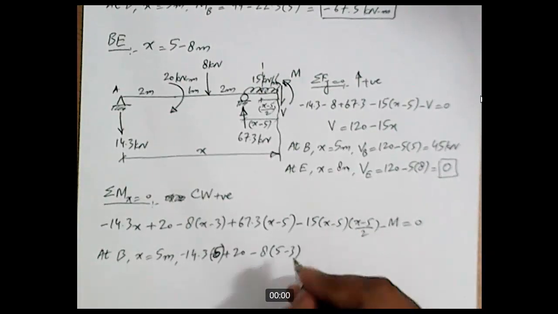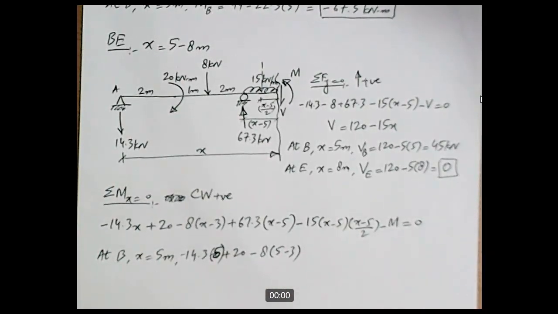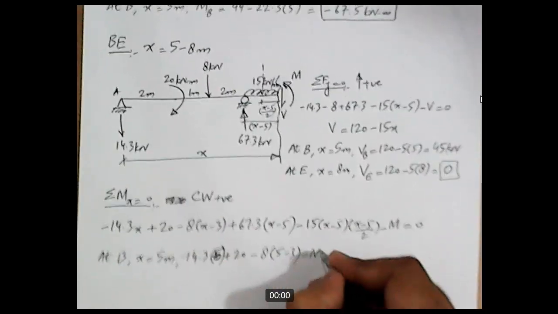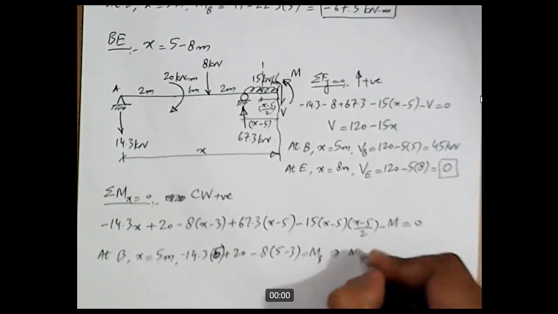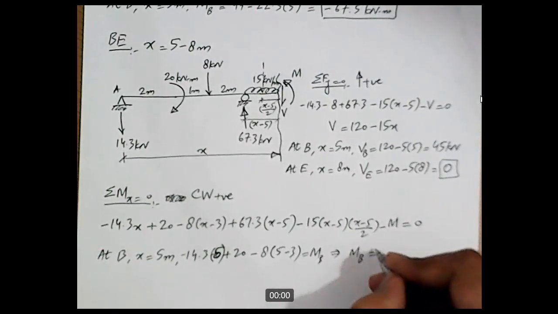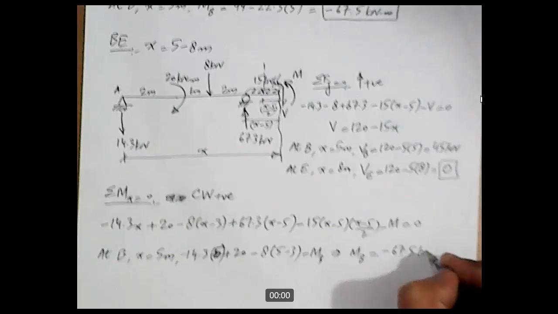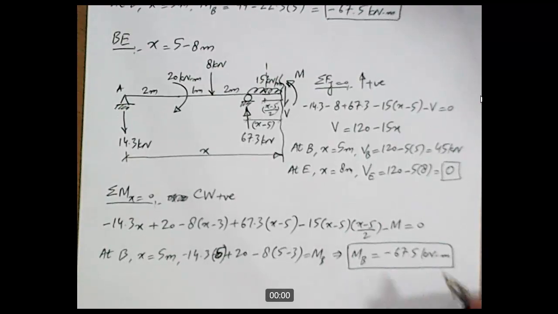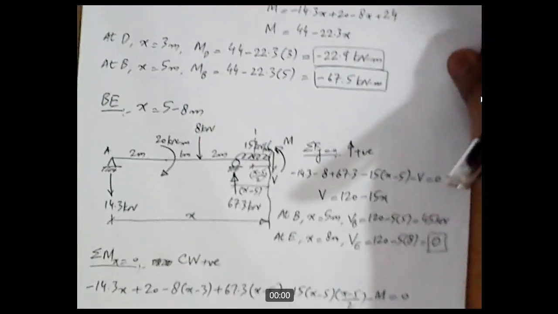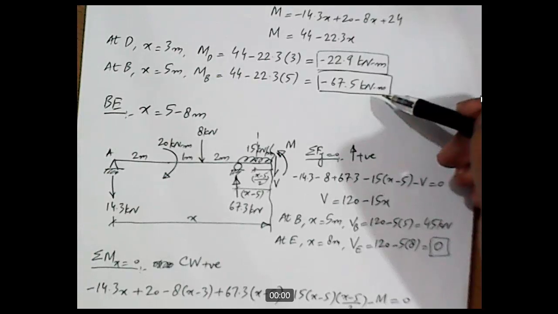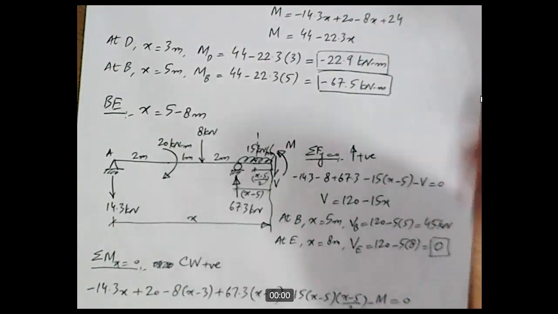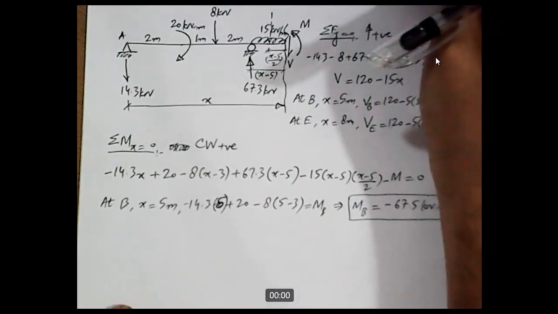The rest of the terms will become 0, and this will be equal to MB. So MB comes out to be minus 67.5 kilonewton meter. This MB is exactly equal to the MB value from the previous portion, as there is no point moment acting at point B, so this is correct.